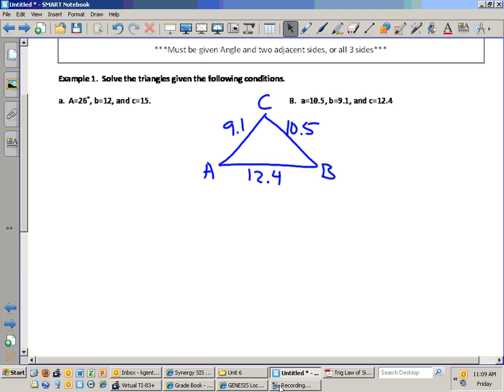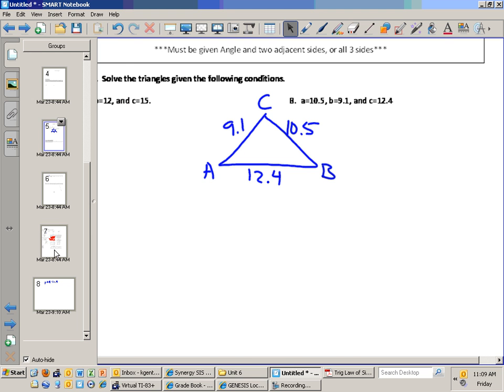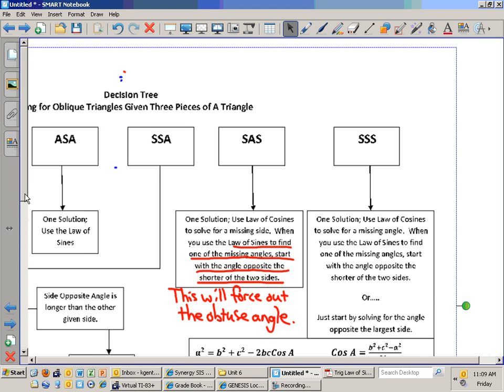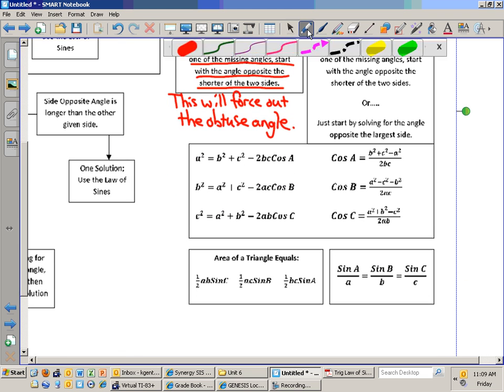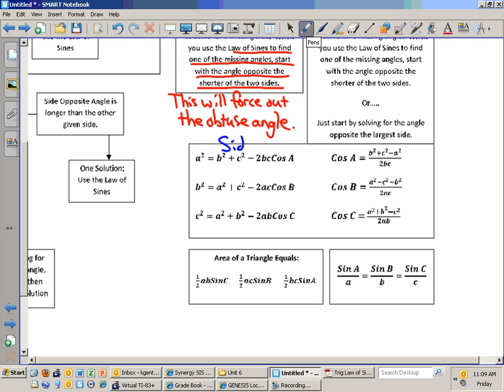Now, if you look at your graphic organizer, we're trying to solve for an angle. For these problems, you solve for sides. For these formulas, you solve for angles. Now, I'll tell you guys, I never saw these angle formulas when I was your age.